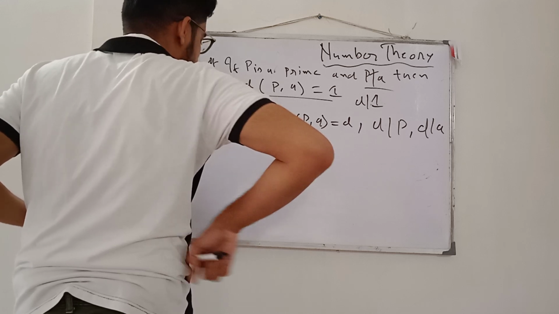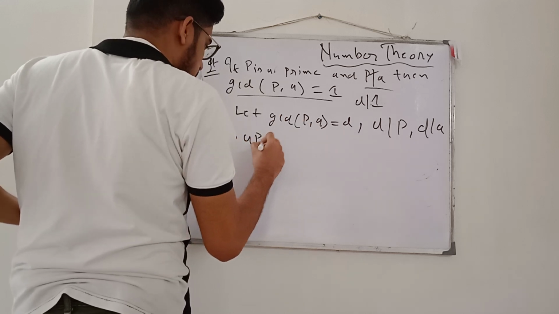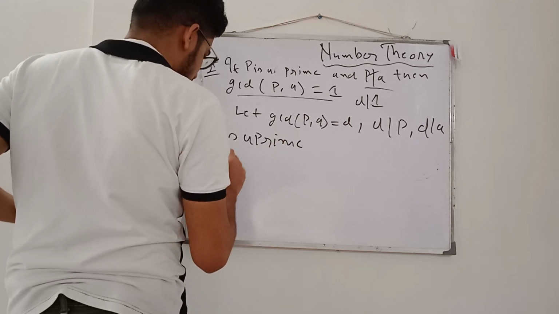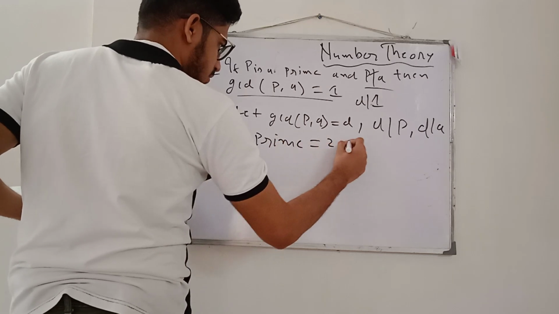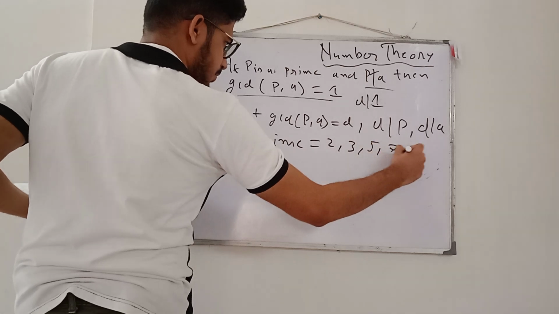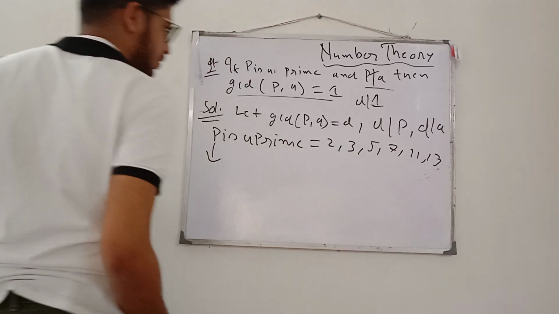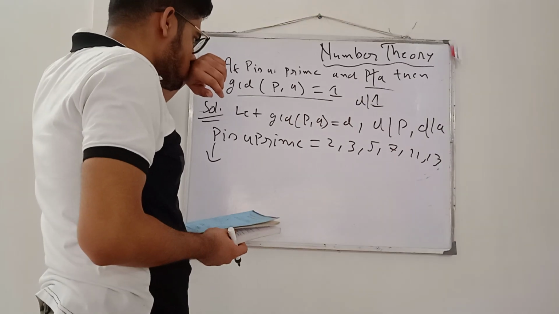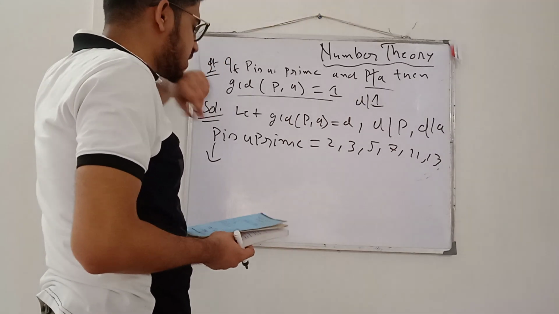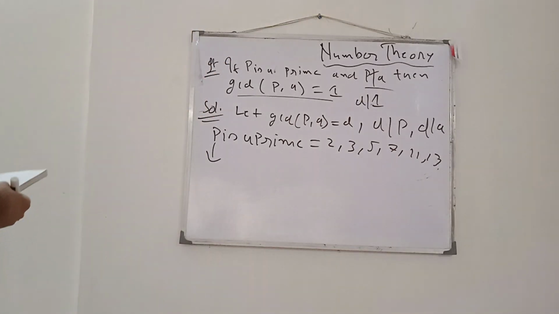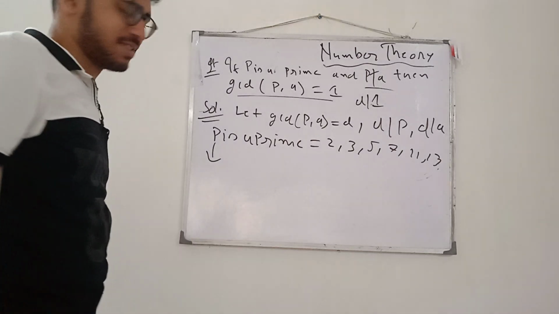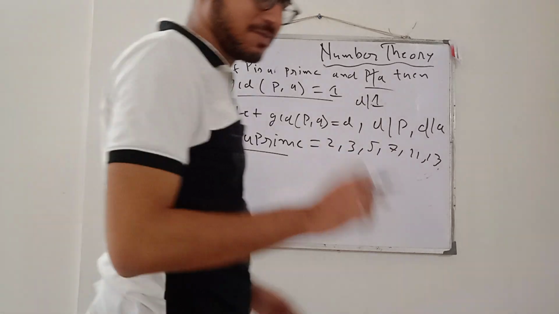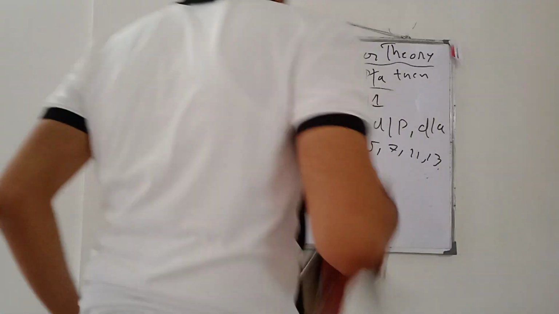P is a prime means 2, 3. So this one is a number, so this is not divisible. Oh guys, I've got it here.